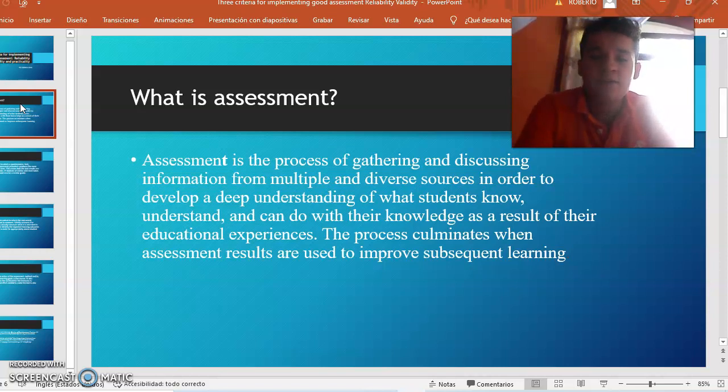So, for example, if the teacher wants to understand what the student's weaknesses are, then a good assessment is necessary in order to improve a student's learning knowledge. And this process ends when the results come back as a positive outcome for students' learning.